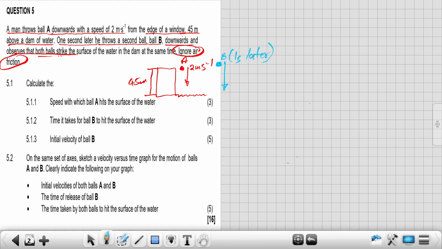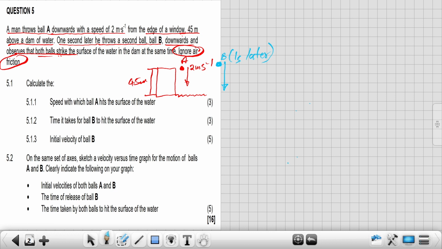It's time, because we have been informed that B was dropped 1 second after A was thrown downwards. So we are going to use this information so that we get to the correct answers.